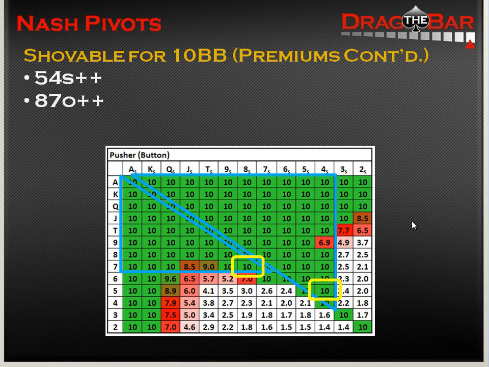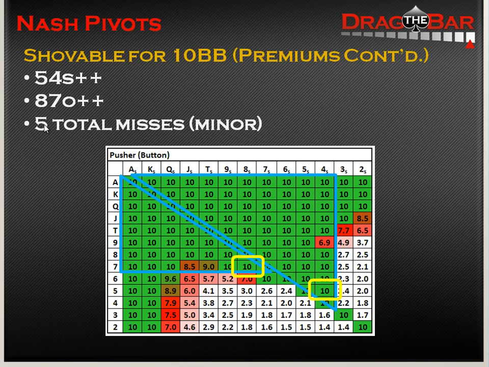The next point, which is very similar, is 8-7 offsuit. That hand is shovable for 10 big blinds, and pretty much every hand in that triangle is shovable for 10 big blinds, so we can also notate 8-7 plus plus as a pivot point for shoving 10 big blinds.